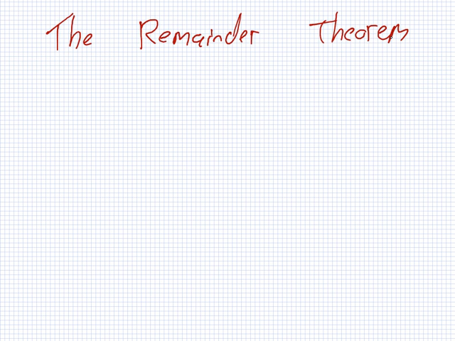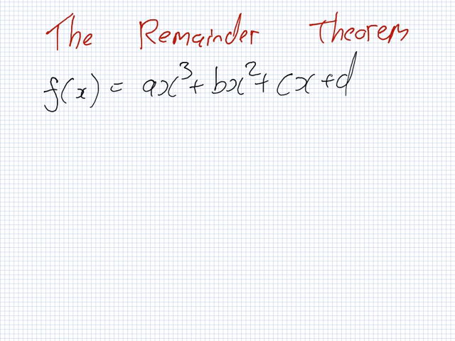So last time we saw how to divide something like, let's say we have f(x) equals ax cubed plus bx squared plus cx plus d. And we want to divide f(x) by something like x minus k.